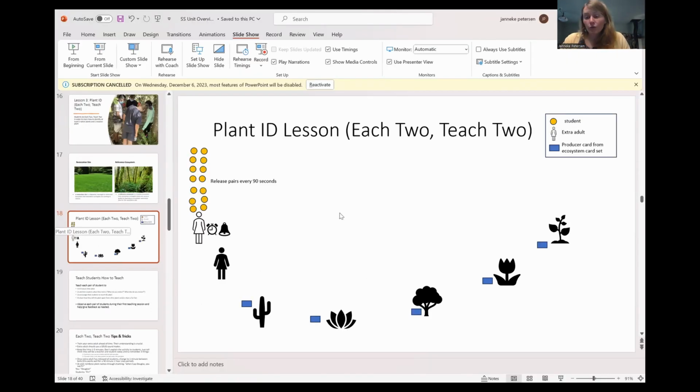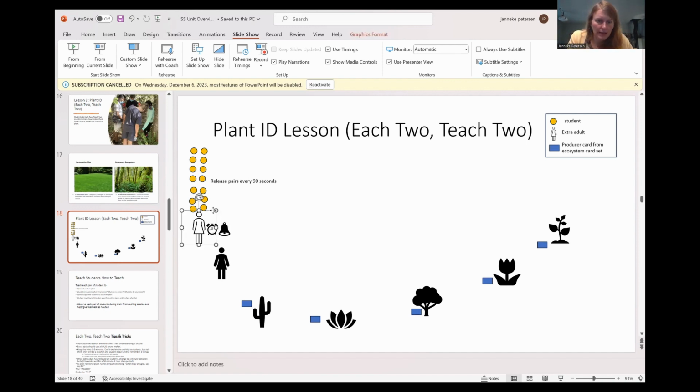So I'm going to model for you how each two teach two works. The first thing you do is gather your students at the beginning of the trail or path they're going to take, and you send the first pair of students down the trail.